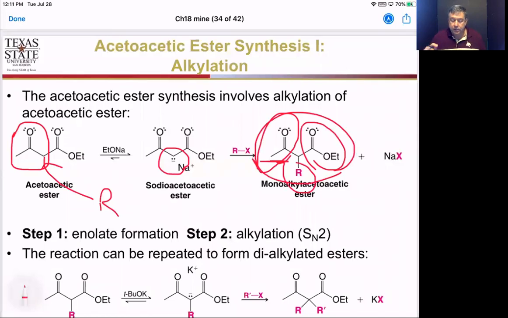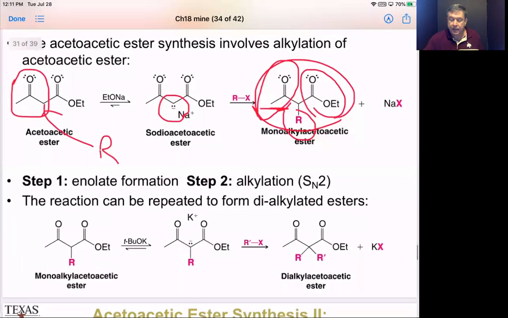Okay, so let's look at that stepwise again. If we move down here. Okay, so in the case of all of these reactions, you will go ahead and deprotonate. Because you're in between two carbonyls, you can use weaker bases like the sodium alkoxide that we have here. In this case down here, we use the tert-butyl alcohol that has been deprotonated with potassium to give us the potassium tert-butoxide.